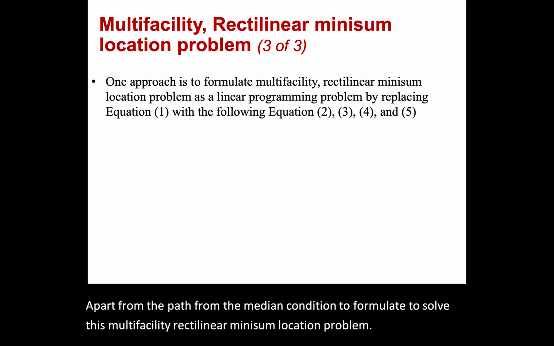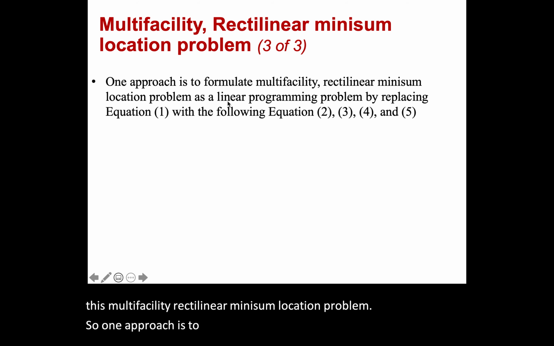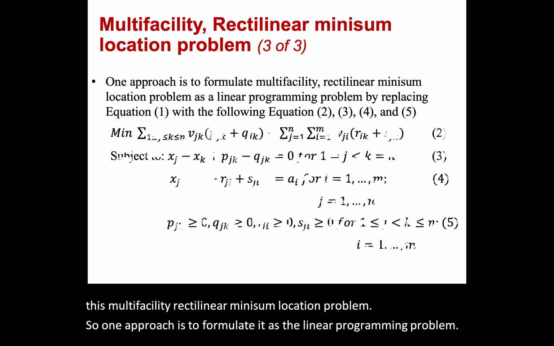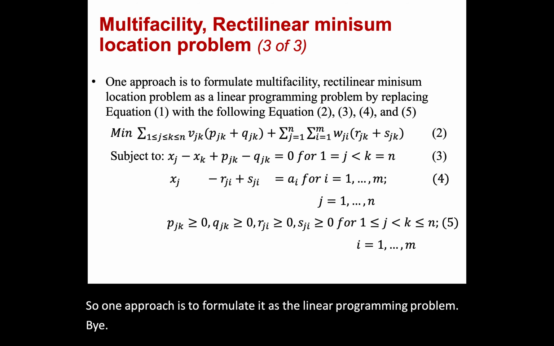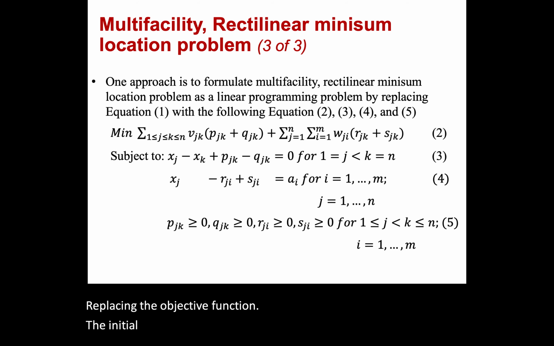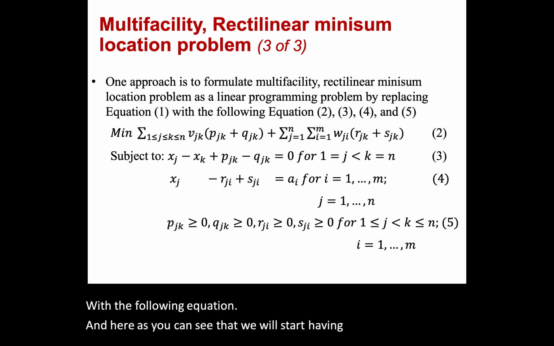So one approach is to formulate it as a linear programming problem by replacing the initial objective function 1 with the following equation. And here, as you can see, we will start having the constraints.